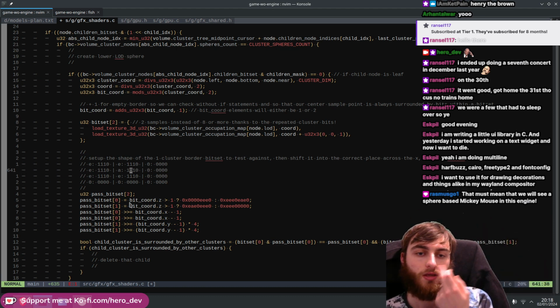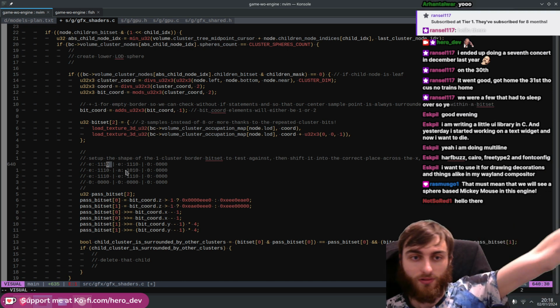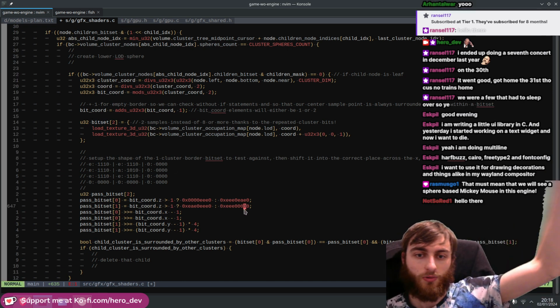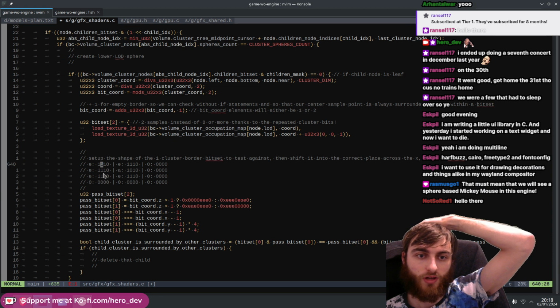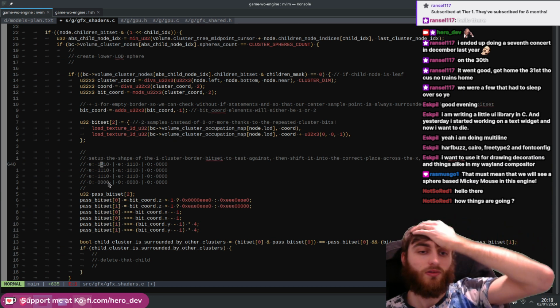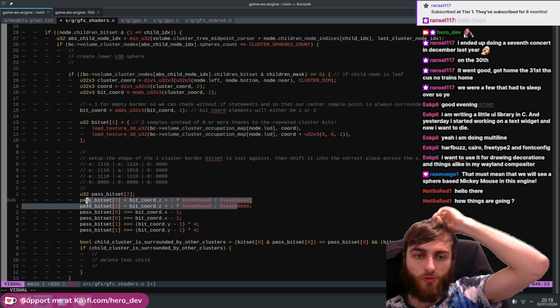Then we work out the next bit set by doing the same thing. If it's greater than 1, then it's this thing with a hole in. If not, it's the back wall. And if the sample point is in the first bit set, then we just have the wall, which covers the other end. So this means that you've got 2 32-bit bit sets.